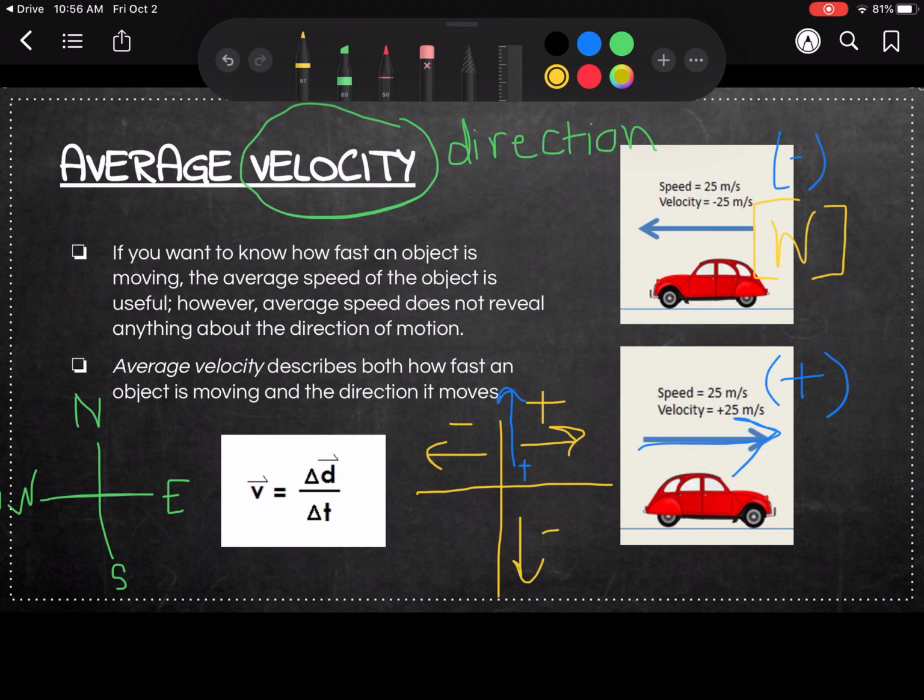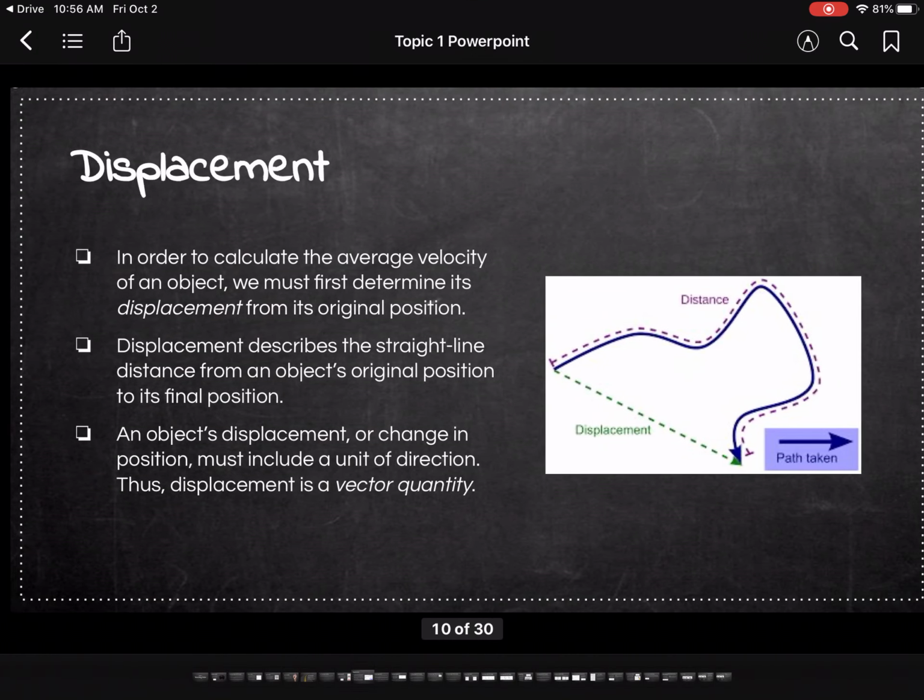We sort of put these square brackets around it. And then this car here would be going east. Okay, so that's how we look at direction when we're talking about velocity.